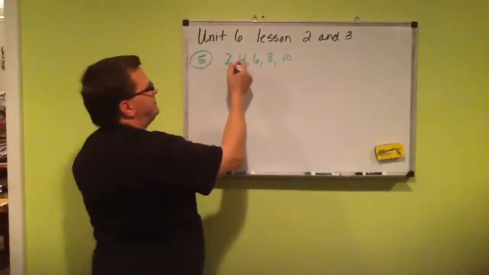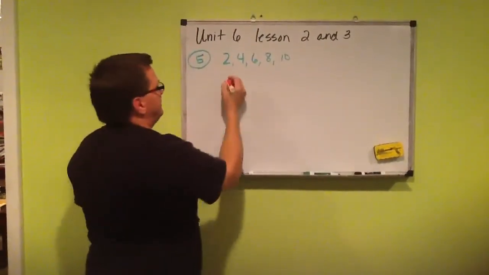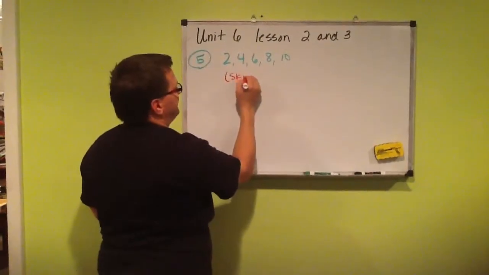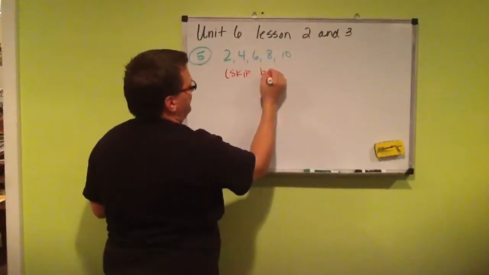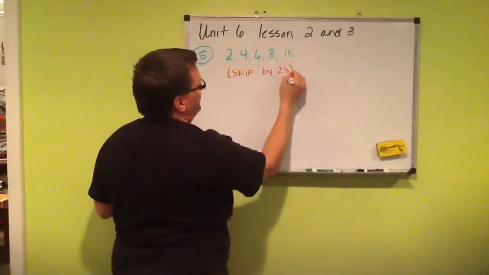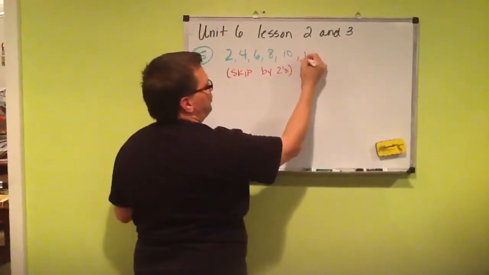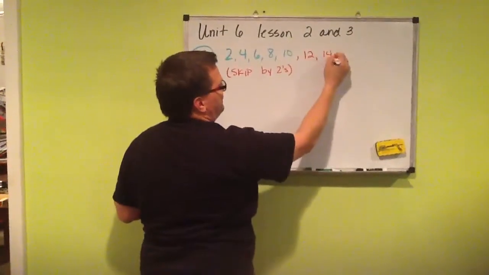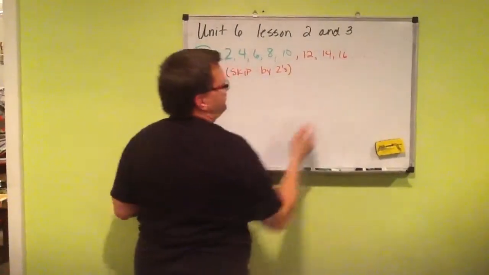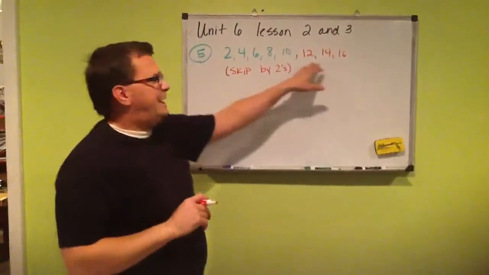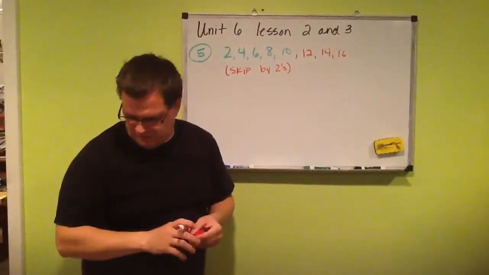And really, it's just skipping by twos. So we skip by twos. So 2, 4, 6, 8, 10. Our next would be 12, 14, 16, and so on. So you can kind of see the pattern there by skipping by twos.